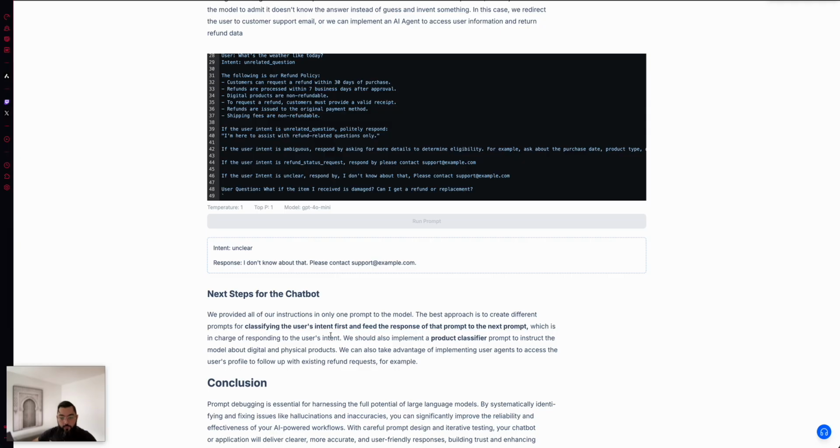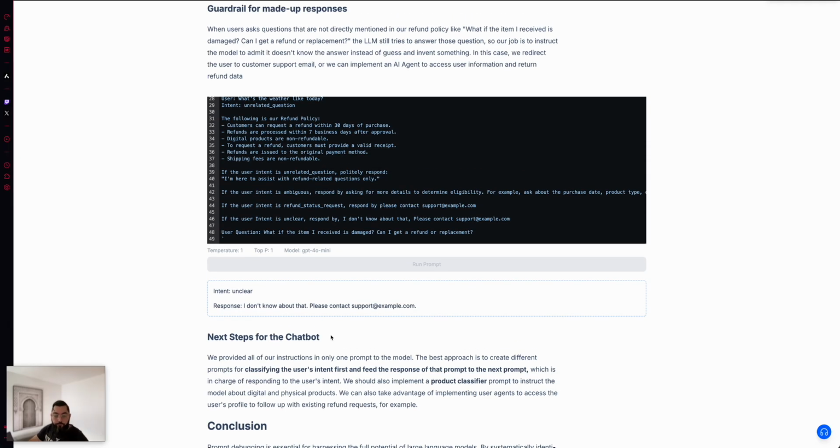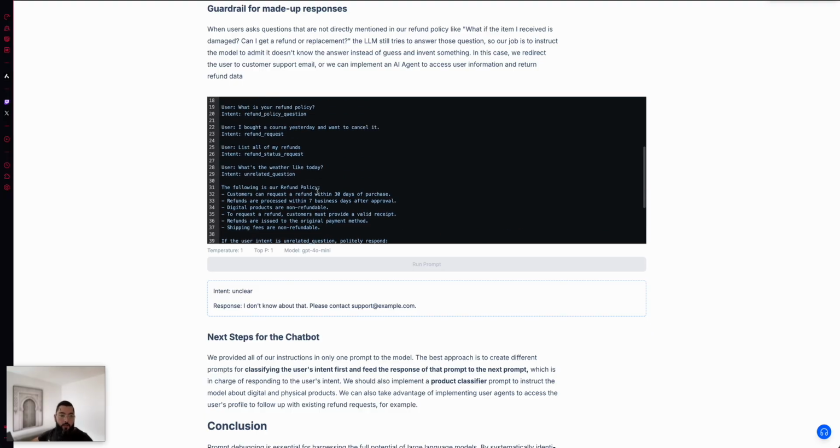So as I said, there are other steps we can take to debug our prompt, product classification, for example, and other techniques of prompt engineering. Instead of providing the policy here as text in the prompt, we can embed it using RAG, etc. The reason is, when the prompt gets really long, it can mislead the LLM.